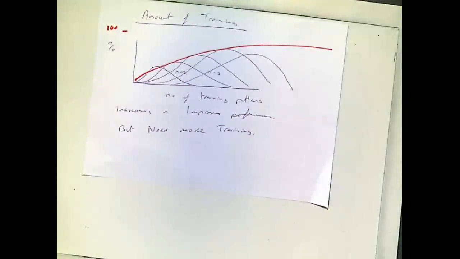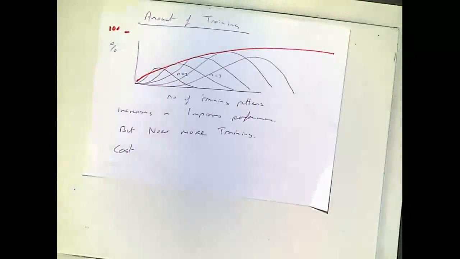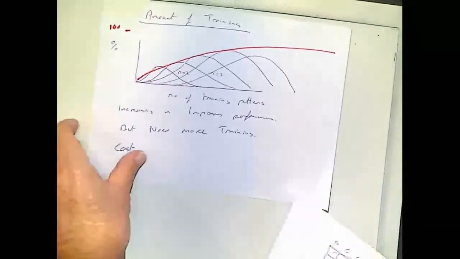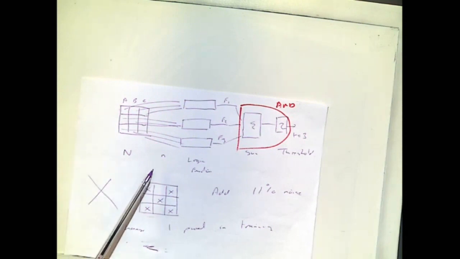So, if we're now thinking of hardware, building these systems, let's have a look at the cost. And I'll go back to my original diagram. That simple example, we had n pixels on the input, capital N pixels. We had a little n sample size. 9 pixels, sample size 3 functions.